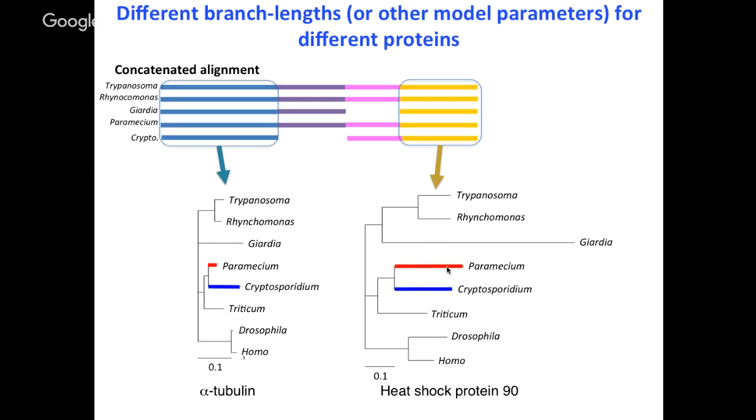And here the overall divergence is quite a bit more than the overall divergence there. So different genes have different branch lengths or other model parameters for different proteins. That is another thing that, if we use a single matrix model for our concatenated alignment, we're not going to be able to accommodate.